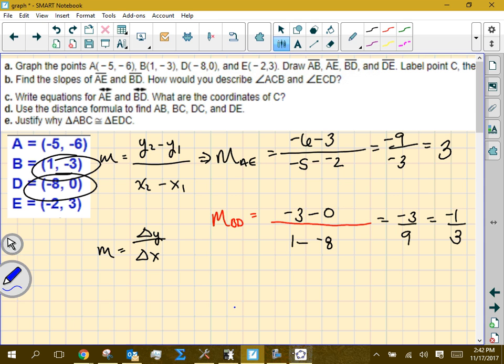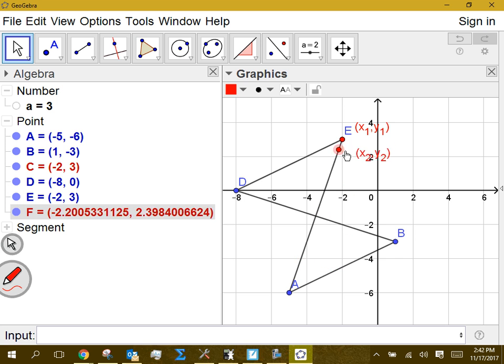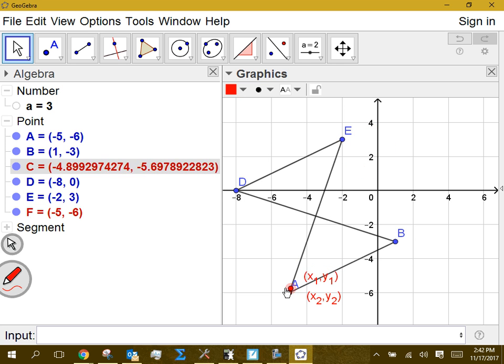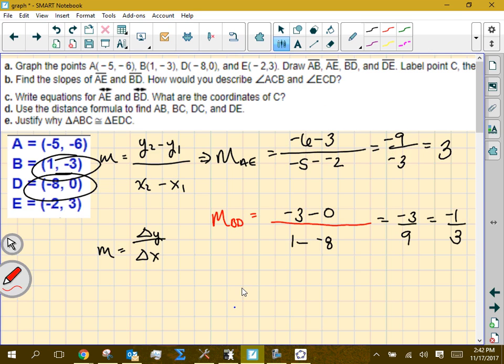Ultimately, what that means to us visually is we're either going from A to E, finding that slope left to right, or we're going from E to A, finding that slope, but they should be the same. Okay, so that's critical for some things that we want to do later in this problem.